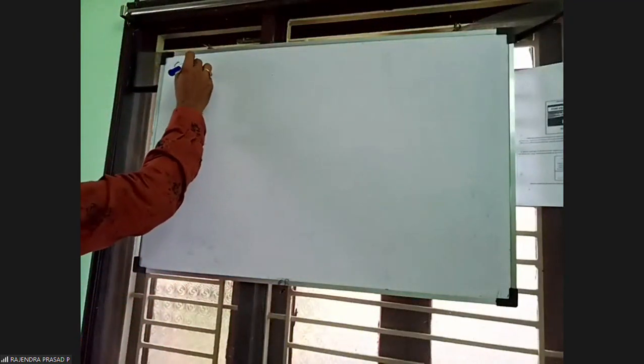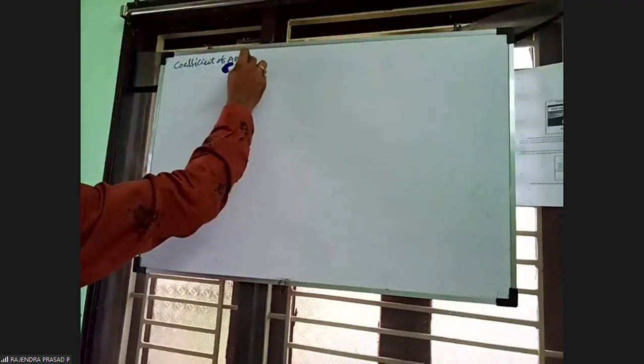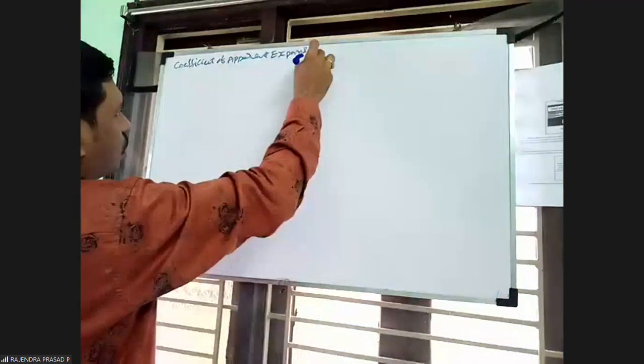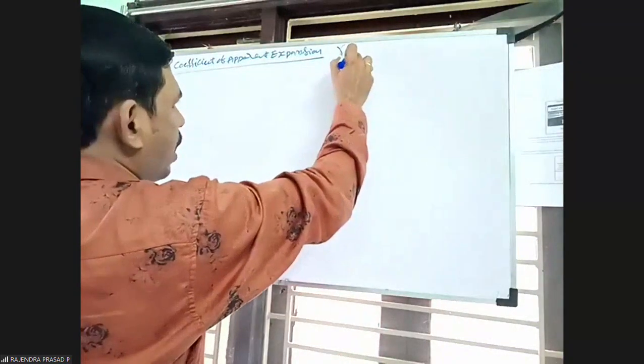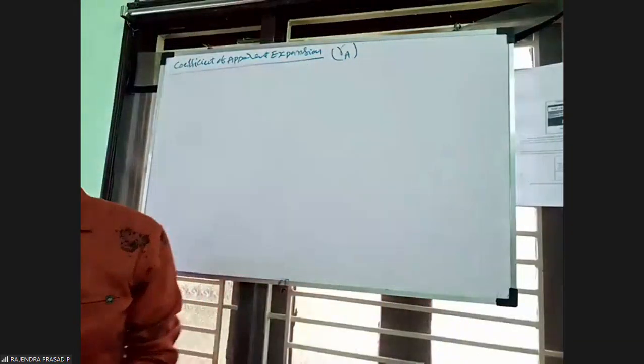Coefficient of apparent expansion is denoted by gamma A. There are two types of expansion: apparent expansion and real expansion.